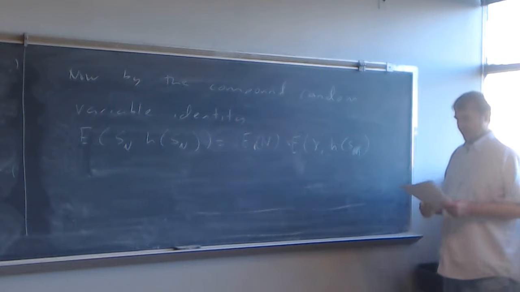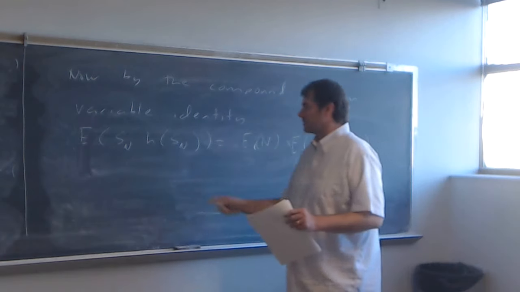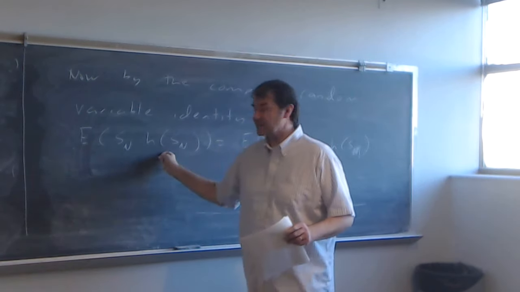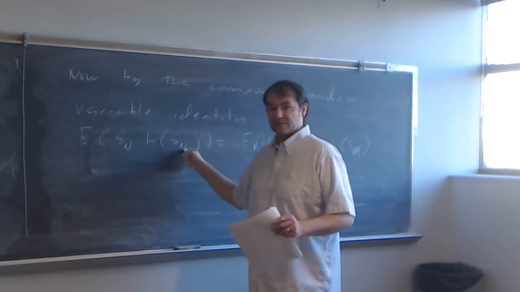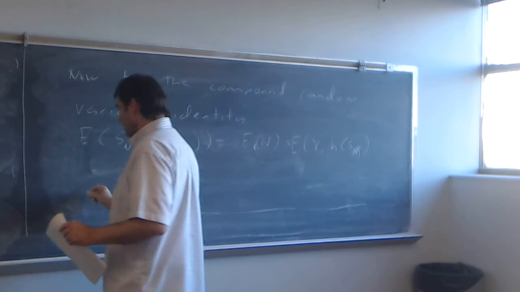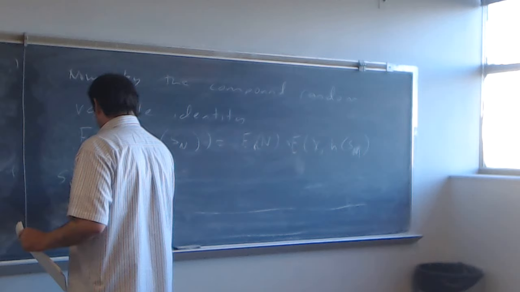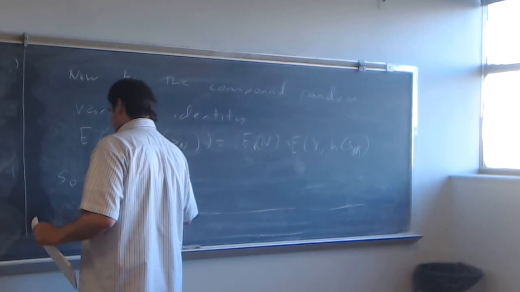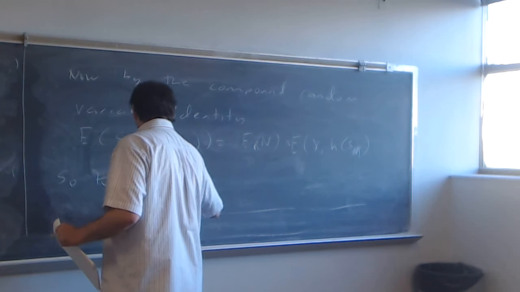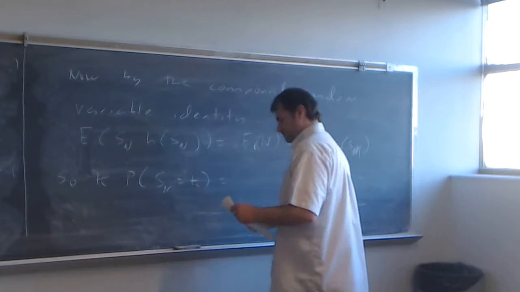Okay. So, combining, we have two versions for what the expected value of S of N times h of S of N is. So this says that k times the probability of S of N equaling k has got to be equal to this part.